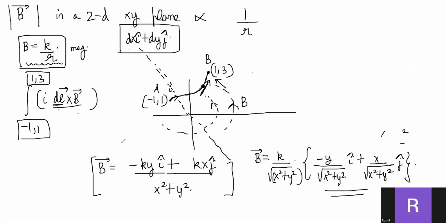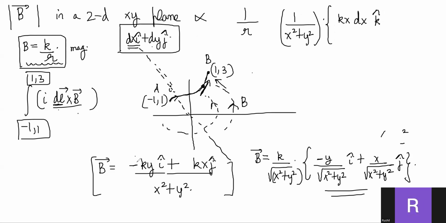dl cross B: if you do the cross product, 1 by x square plus y square is outside. We have i cross i is 0, so this into this, i cross j. So it will become kx dx, and i cross j is k cap, and dy times j cross i is minus k cap.